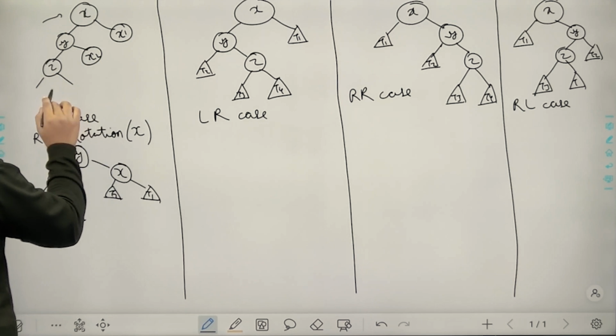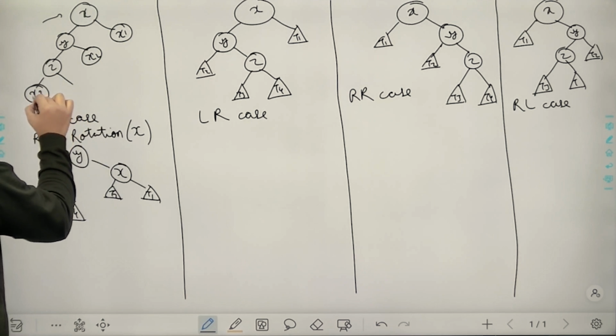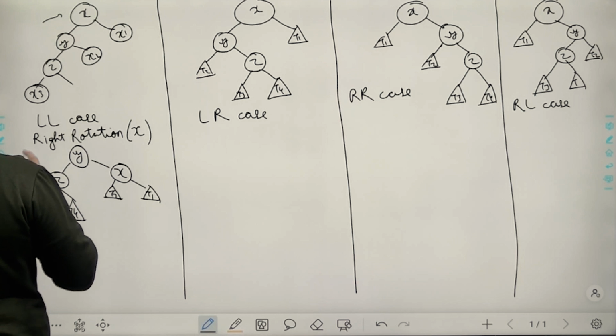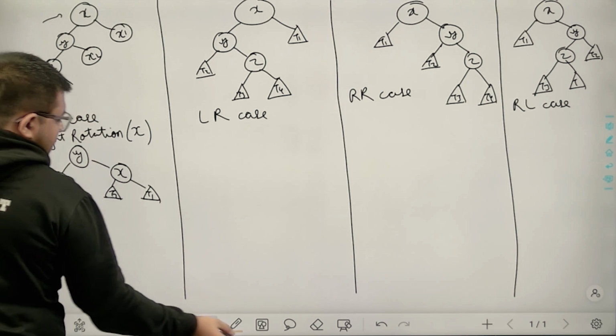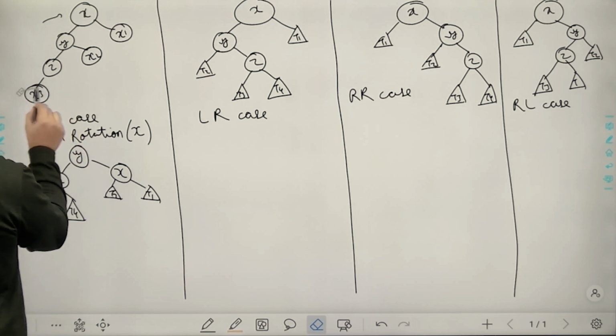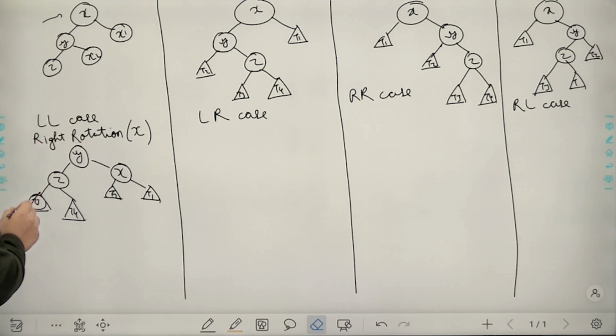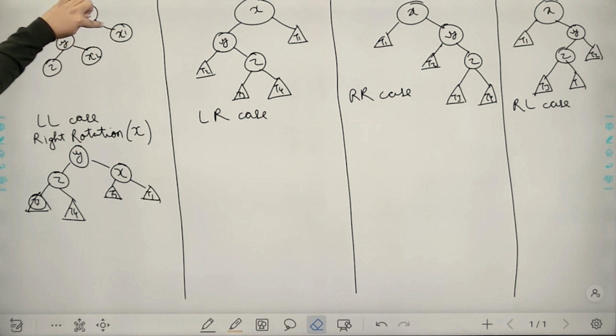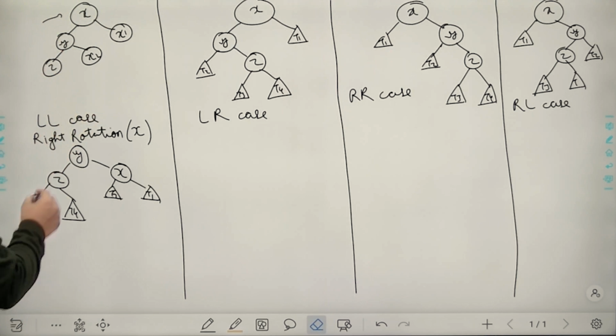Now these are nodes, these are not subtrees, and this is X3. Okay, and let's say here there is no value, here there is no value, and here also initially there was no value. Okay, so if I look at this, what is the balance factor of this? 2 minus 1, 1. What is the balance factor of this? 0. What is the balance factor of this? 0. Balance factor of this? 0. Balance factor of this? 0. So everything is balanced.